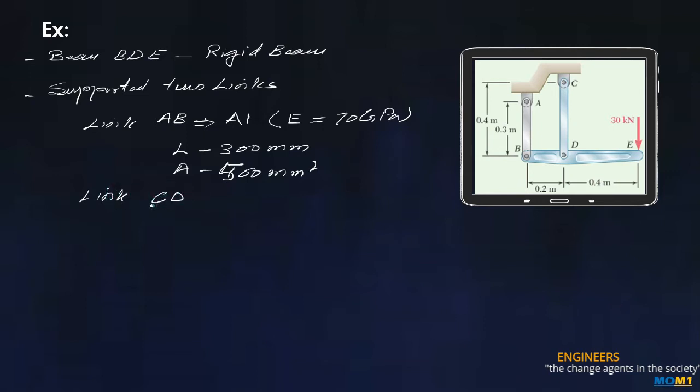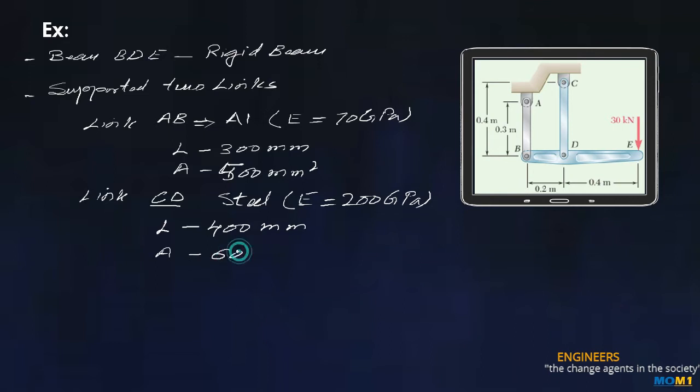And link CD is made up of steel with Young's modulus 200 gigapascal, and the length of this link is 400 millimeter, and the cross section area of this link is 600 millimeter square. So this information is required to calculate the deformations in these links.